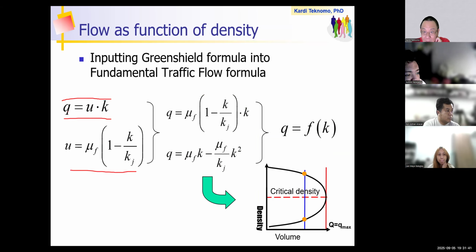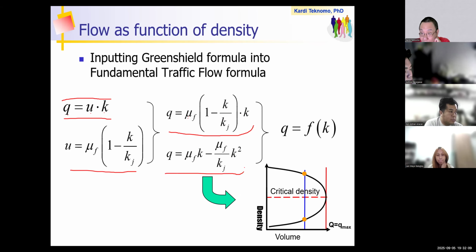Q equals U times K, but U is already given here, so I just input this U. If you multiply, UF times 1 times K, so UFK, minus UF times K again, so K squared divided by Kj.